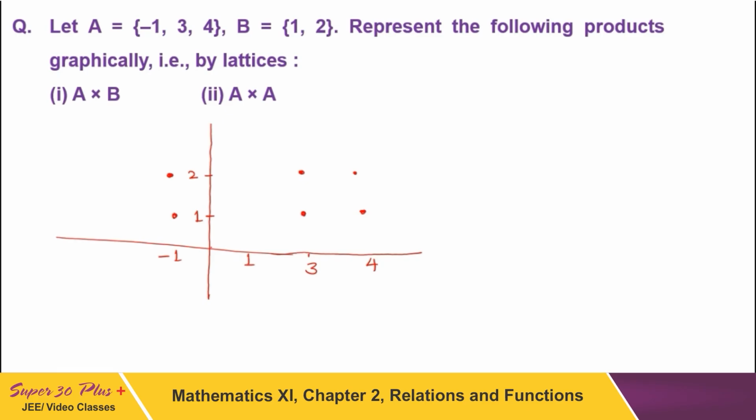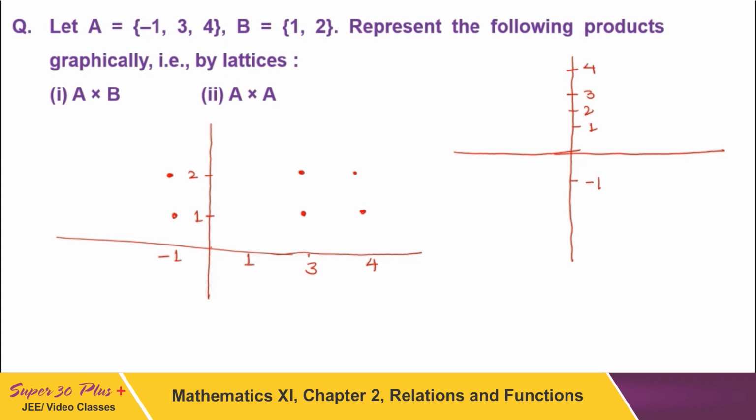Similarly, A cross A can be represented like this: this is the x-axis and this is the y-axis. It is minus 1, then 1, 2, 3, then 3, and then 4.